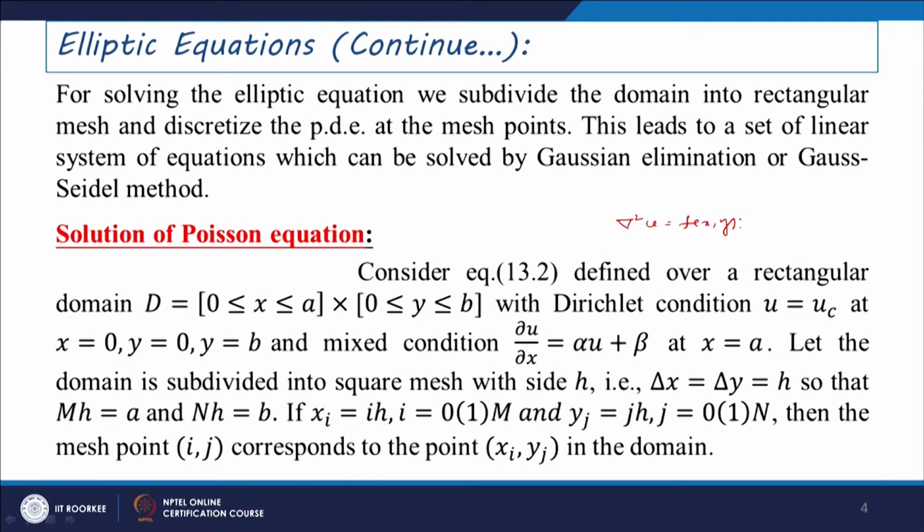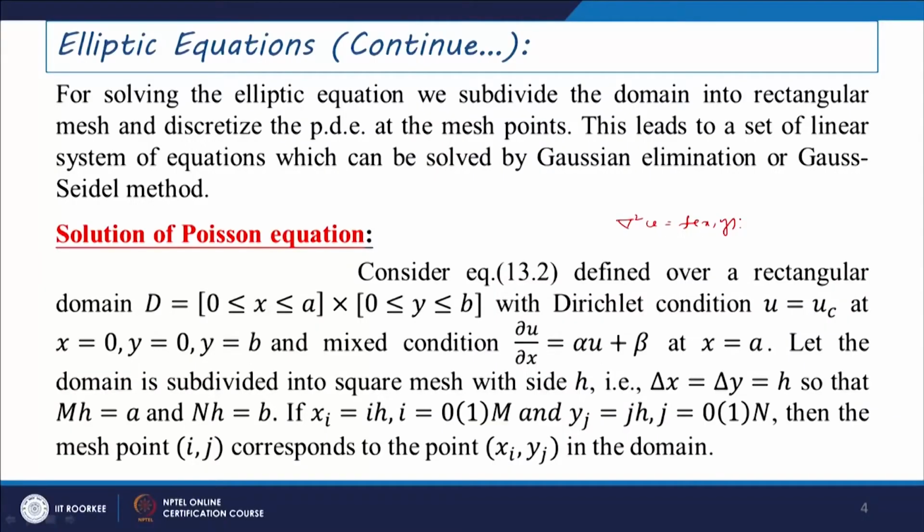Let the domain be subdivided into a square mesh with side edge h, that is, del x equals del y equals h, so that the total length in the x axis is represented as m h equals a, and in the y direction the total length from 0 to the last boundary of y is represented as n h.